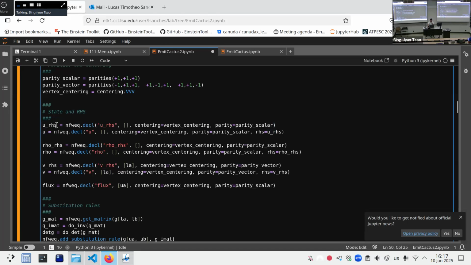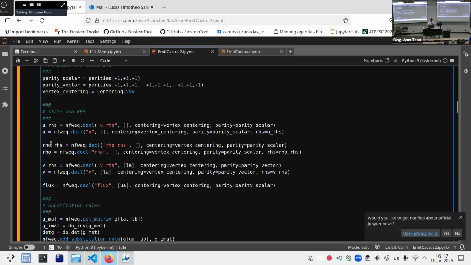So the right-hand side of u, which is a scalar, it has this centering and has this scalar parity, right? And we also have u, right? Has the same options, but the extra option here is that the right-hand side of this variable is going to be u right-hand side. And this is, of course, going to take care of the ODE solver mechanism required for this time evolution to work, right?